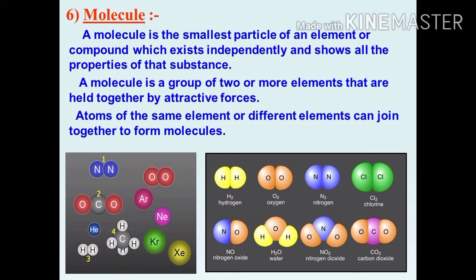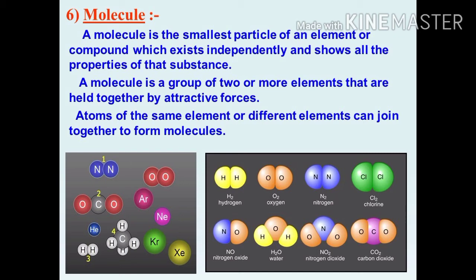Here, a molecule is a group of two or more atoms that are held together by attractive forces. In between the atoms, there are attractive forces, so the particles of the molecule are held together. Atoms of the same element or different elements can join together to form molecules.